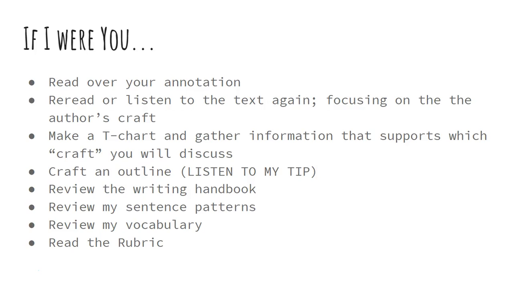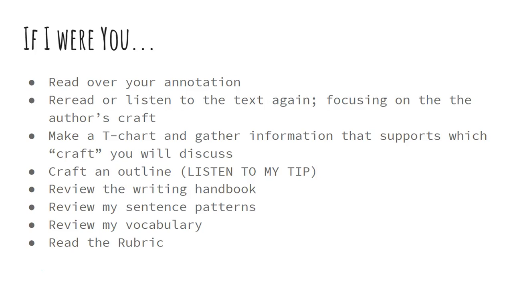And then you're going to do the same thing in the second body paragraph, talking about your second author. And then your third body paragraph will discuss how they are alike or how they are different. That's my tip for you.